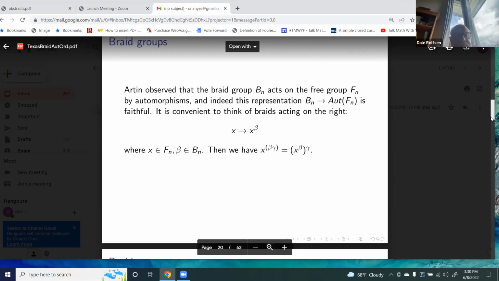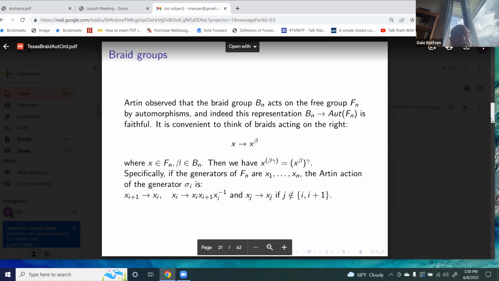On the generator sigma i of the Artin group, it sends xi plus 1 to xi, xi to xi plus 1 conjugated by xi, and the other xj's are fixed. This just describes the action of the braid on the punctured disk and on its fundamental group, which is a free group on n elements.